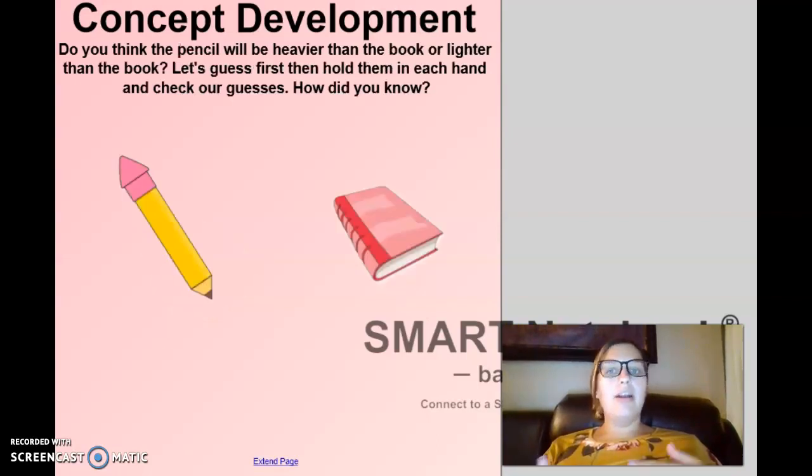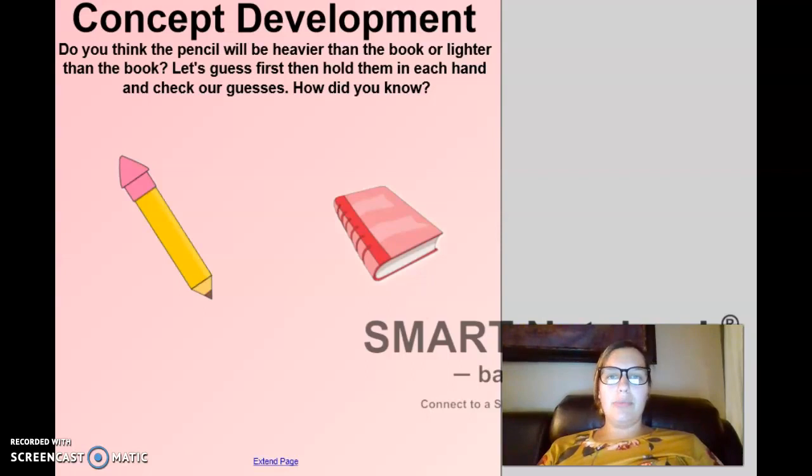Now let's compare the book to a pencil. We all know what a pencil feels like, right? We use a pencil to write with. If you don't know what a pencil feels like, think of a pen or a marker or a crayon, something really kind of light.